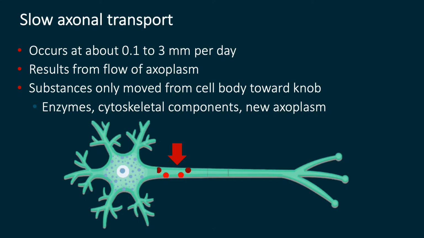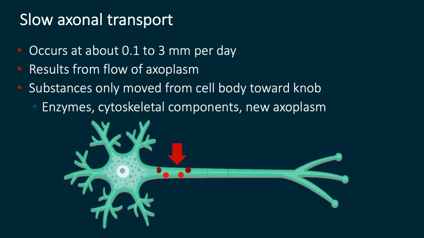Okay, now we can compare slow axonal transport to fast axonal transport that we just covered. Slow axonal transport occurs at about 0.1 to 3 millimeters per day. So this is really slow, especially if we compare it to the 400 millimeters a day at which fast axonal transport occurs. And it's slow because it just results from the flow of axoplasm, or what we call axoplasmic flow.